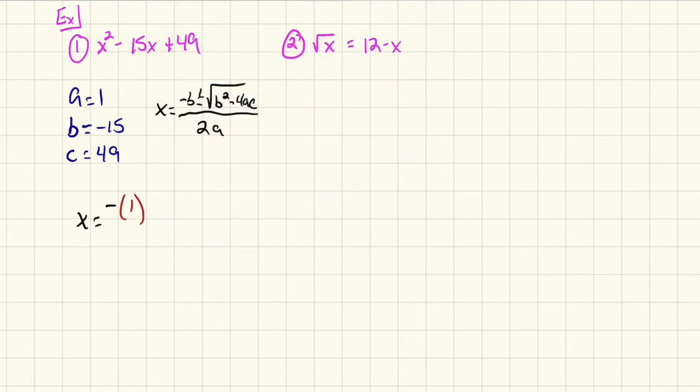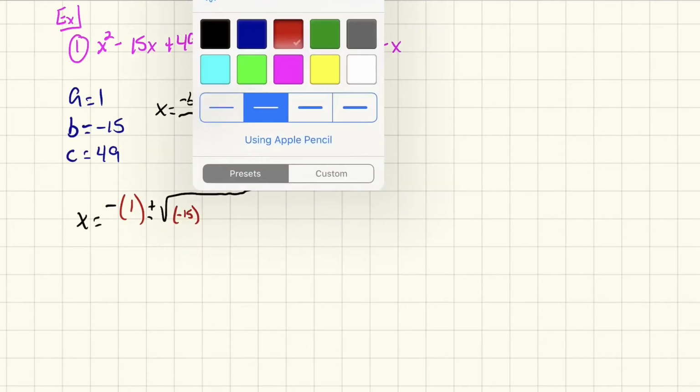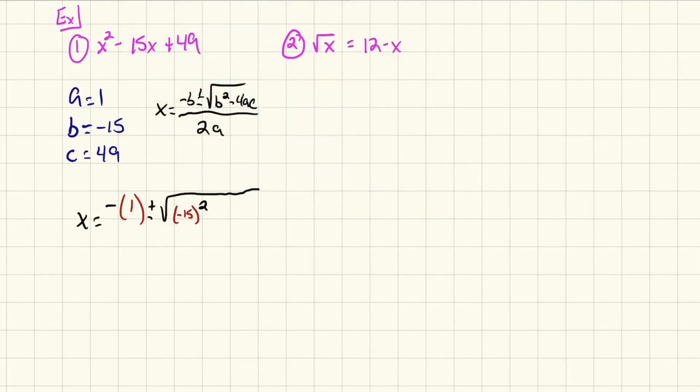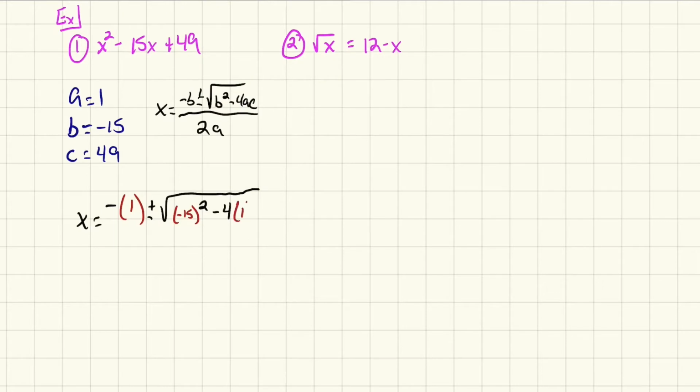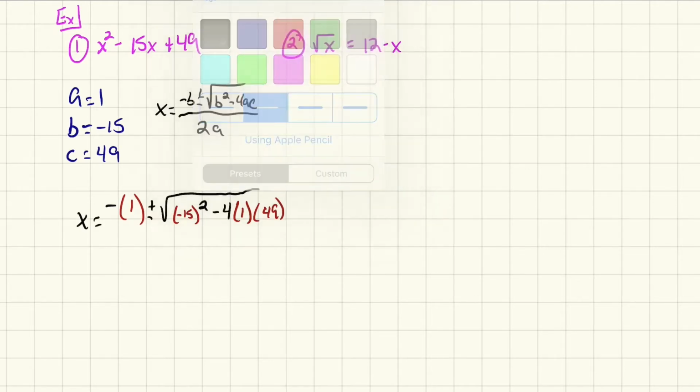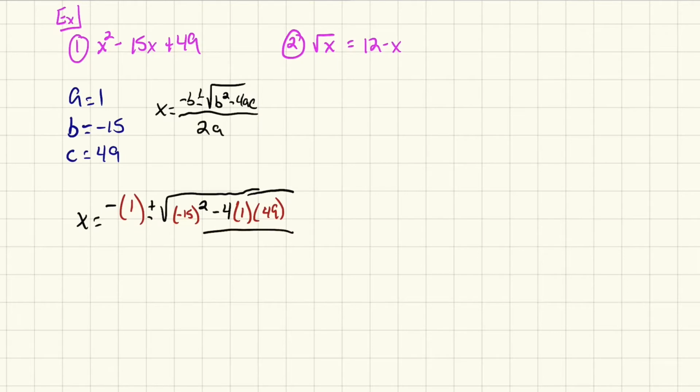And then we got plus or minus the square root of, and all this is under square roots, b, and b in this case is negative 15, squared, minus 4, a again is 1, c is 49, and all of that is over 2 times a.